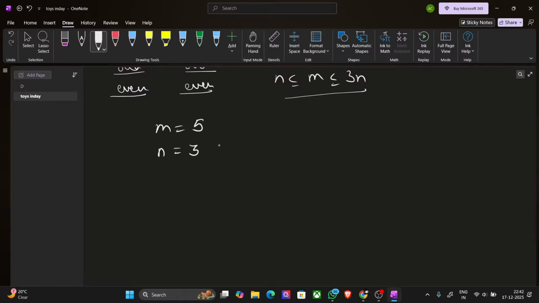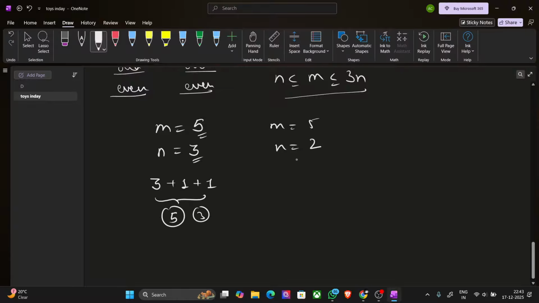Both of the parities are the same, and I will take m equals 5 again, and this time n equals 2. Now for m equals 5 and n equals 3, I can use 3 as the first operation, plus 1 as the second operation, plus 1 as the third operation. This gives us 5 in 3 attempts, right?